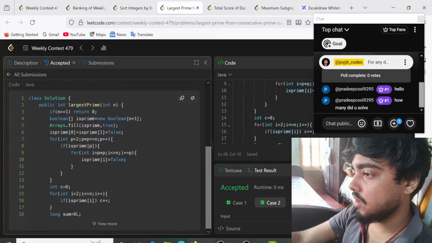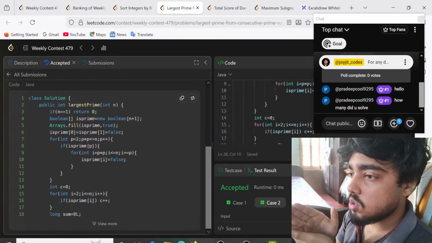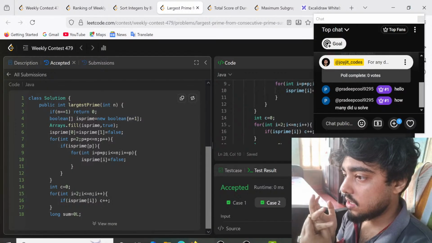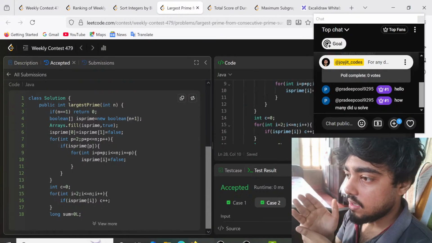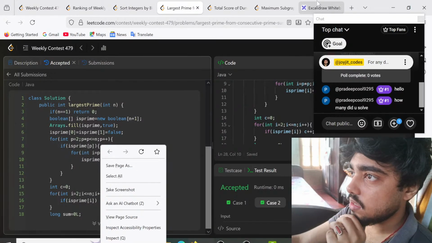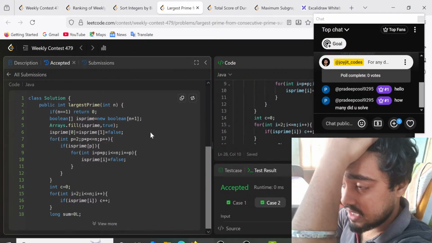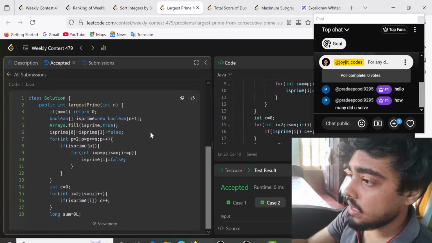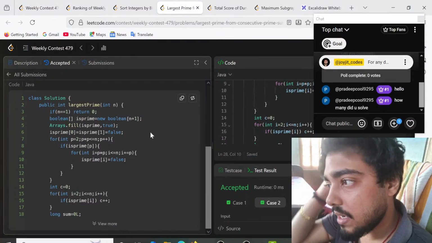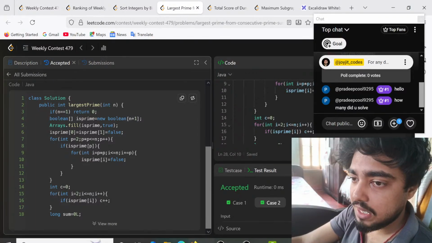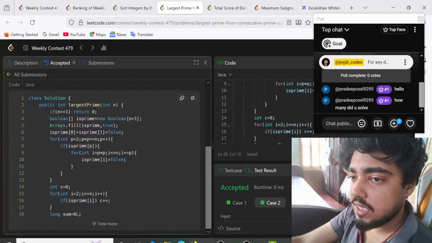Because if you traverse till square root of n, the next multiples I have already covered. I think it's better to not explain this because the Sieve of Eratosthenes is a very simple thing that you will also find anywhere on the internet. So I won't explain that. This is basically the Sieve of Eratosthenes part.